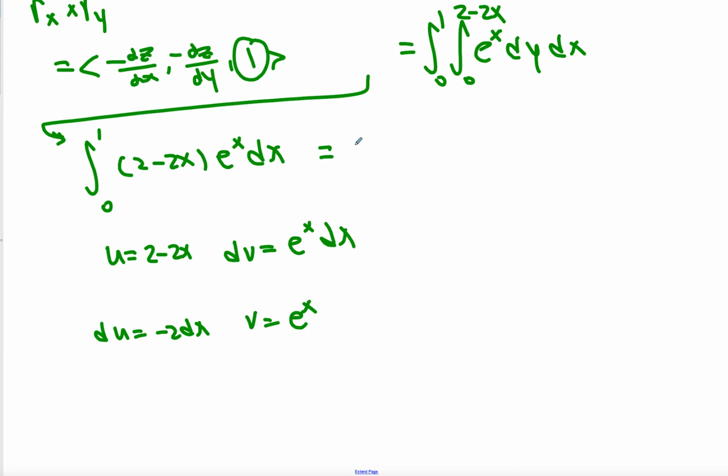So what we end up getting is first 2 minus 2x times e to the x, minus the integration of this one. But you get to realize that negative 2 times e to the x, when you integrate this one, is still negative 2 times e to the x with another negative, plus 2 e to the x. That goes from 0 to 1.